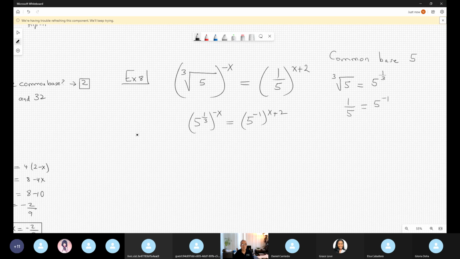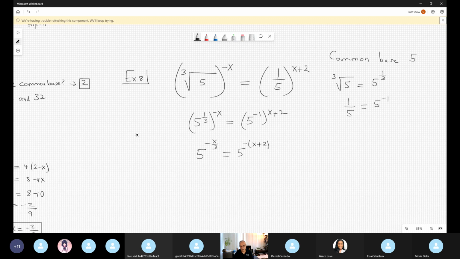Now the rule of the exponent, different levels of exponent, multiplication. So 5 to the negative x over 3, I guess so, no? Multiplication by 1/3 is equivalent to dividing by 3, no? And here we have 5 and negative 1 times the whole thing, negative x plus 2, because negative 1 multiplies the whole thing.